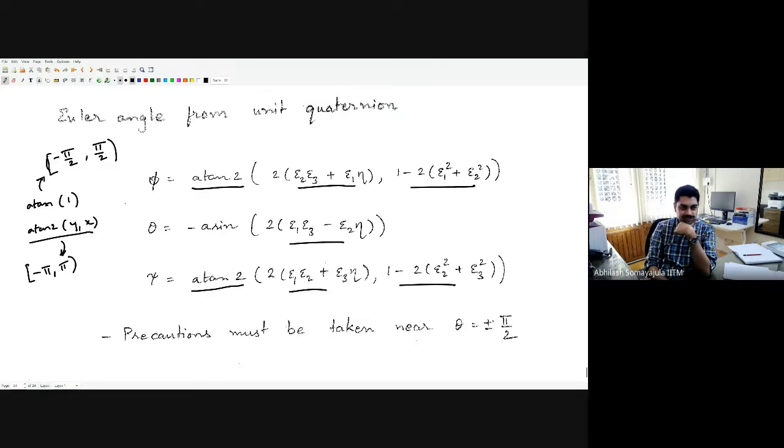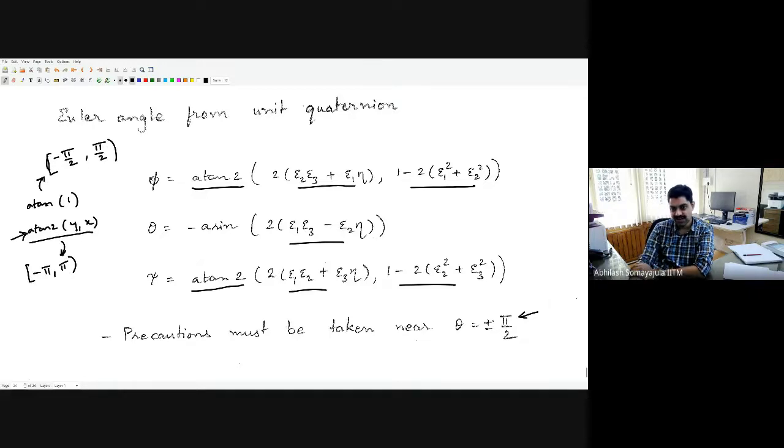So to have a unique representation of the angle, we must always ensure that we are using atan2. Notice here that when we are close to theta equal to plus or minus pi by 2, we need to be careful because the Euler angles may not hold up properly.